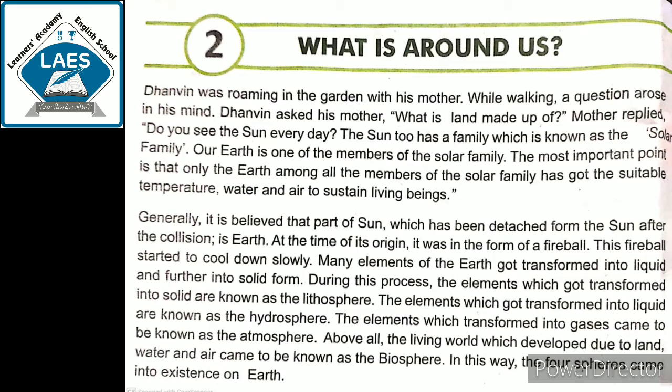I'll give you a little description of these four spheres. You can easily remember these. Lithosphere, जो हमारे ज़मीन का टुकड़ा है. हाइड्रोस्फीयर जो पानी से रिलेटेड है. एटमॉस्फेयर जो वातावरण हमारा है, एयर we call it. And biosphere, that is all the living beings: animals, insects, human beings, vegetation, everything is covered in the biosphere.